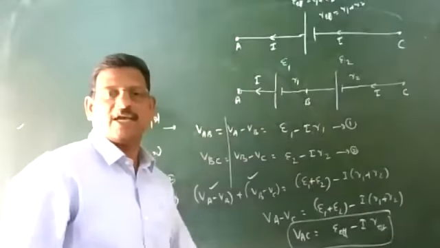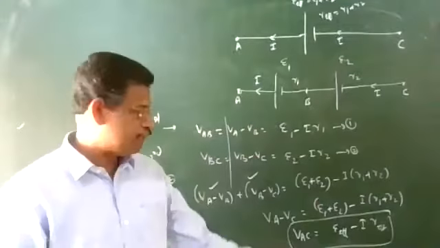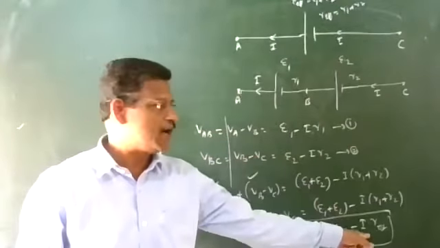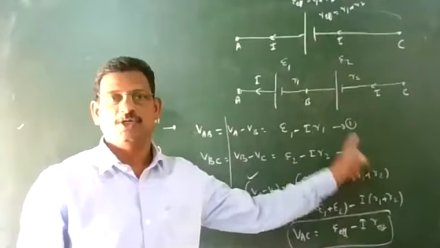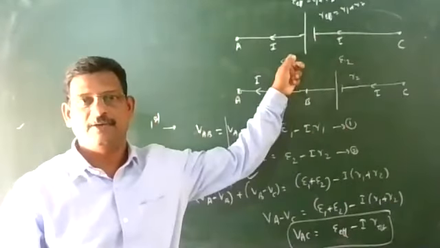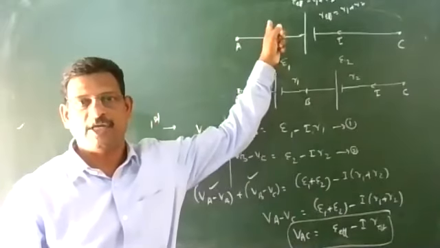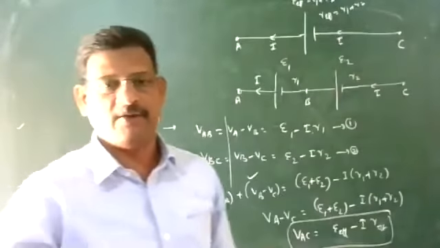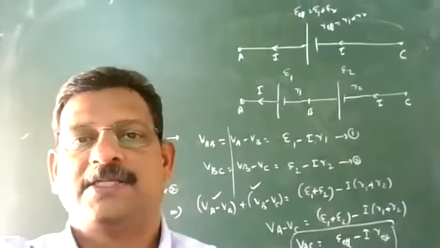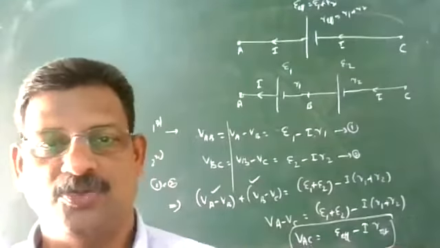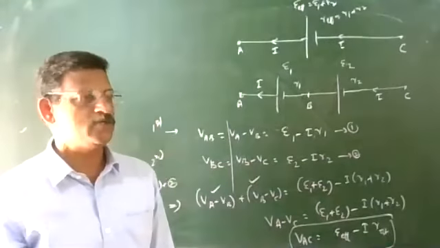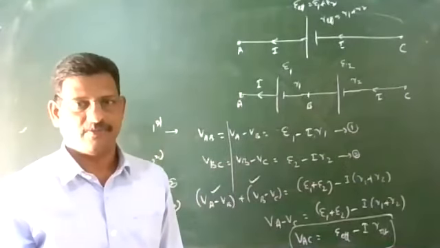So this is the equation just like V equal to E minus Ir. Effective EMF is E1 plus E2. What is R effective? R effective is R1 plus R. So when 2 cells are in series, you can replace them with a single cell between the points A and C, of effective EMF E1 plus E2 and effective internal resistance R1 plus R. The cells are connected in series so that they are helping each other.